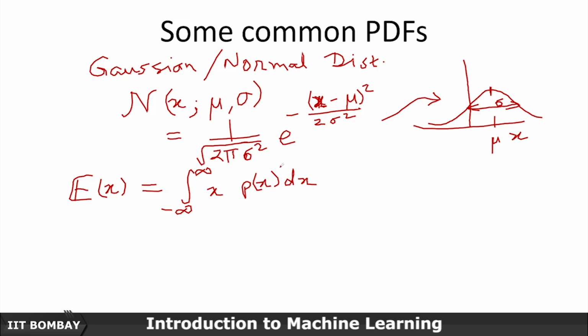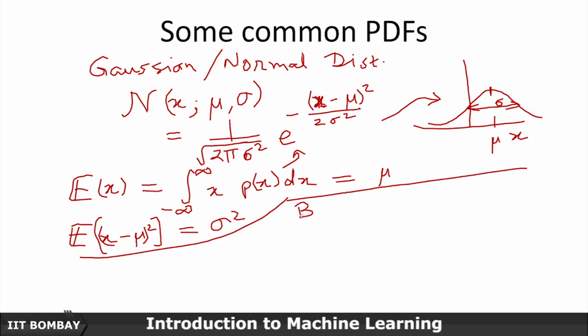What is p of x? It is precisely the formula given above, and for the Gaussian distribution this comes out to be mu. The expected value of x minus mu whole square is precisely sigma square. So for the Gaussian distribution, the two parameters are the mean and the variance itself.